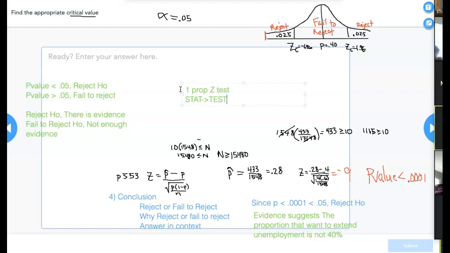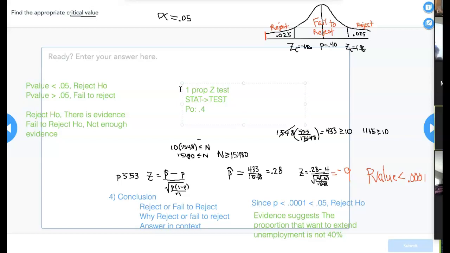So one prop z-test, we only have a few pieces of information that we need for a one prop z-test. So I encourage everyone to get the calculator. p0, that's your population proportion.